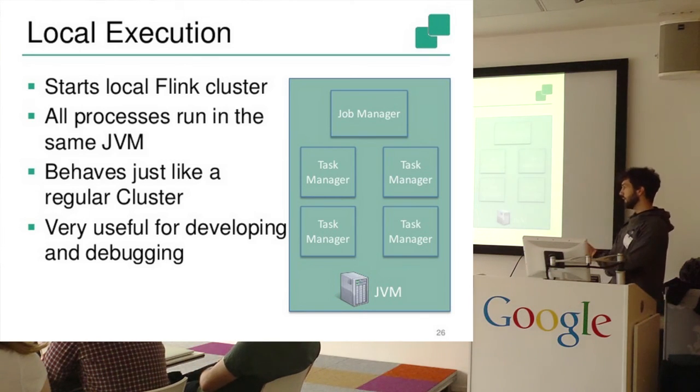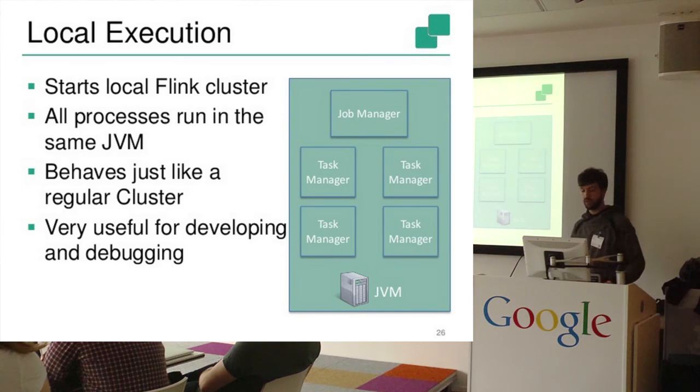Besides that, the actual communication is not going through the network, but it starts all the processes which also exist in the cluster. It's a very nice way to test your programs. You can see all the different processes and tasks run in the same JVM.